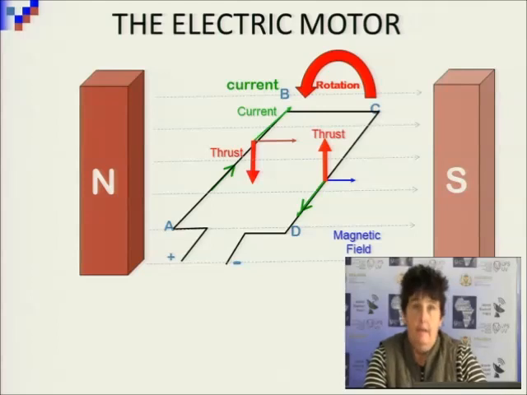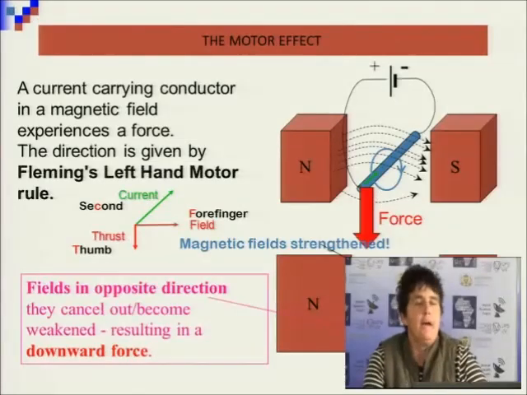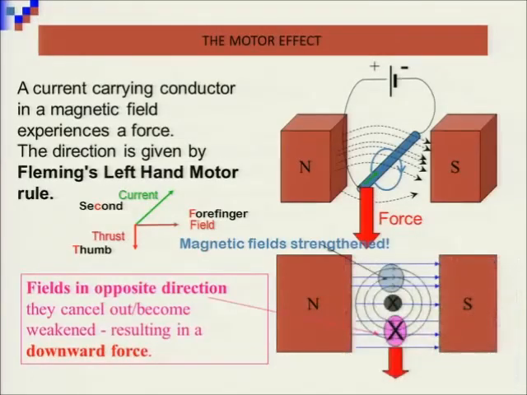Okay, now remember, Fleming's motor rule we use to determine the thrust. Okay. A current carrying conductor in a magnetic field experiences a force, and the direction of that force we determine with a left-hand motor rule.